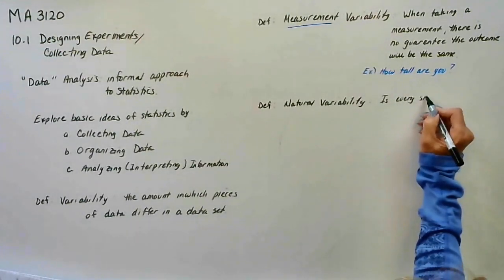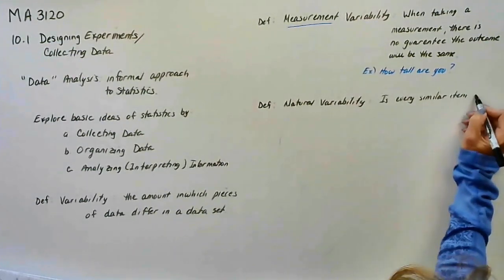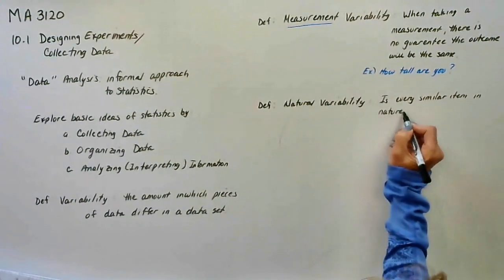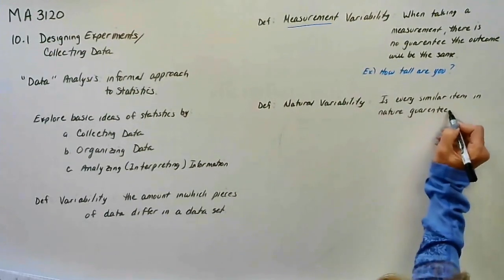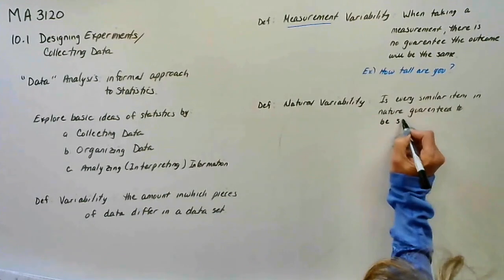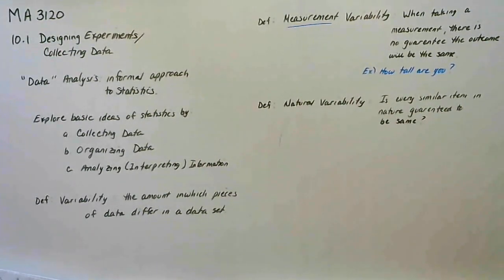Is every similar item in nature guaranteed to be the same? And sometimes people go, well, yeah, all pine trees are exactly the same. Well, no, they actually have different makeup.